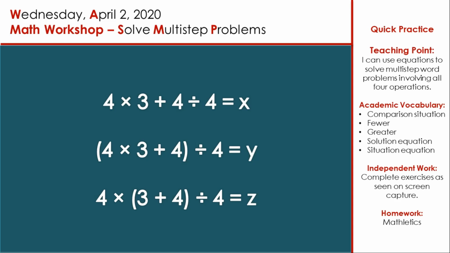So it would be 28 divided by 4. If you try this, you're going to see that we're going to have different results depending on the way that we're grouping the operations, right? So keep in mind the order of operations rule that we already practiced.